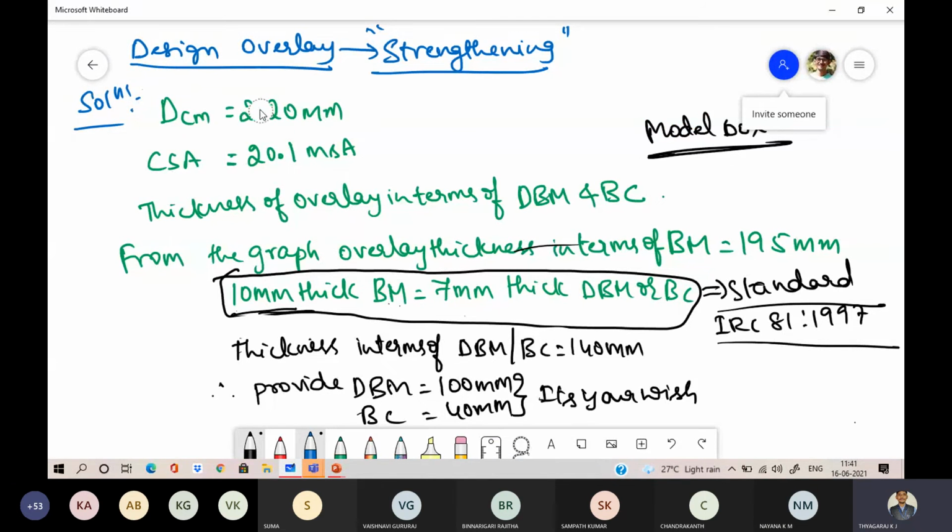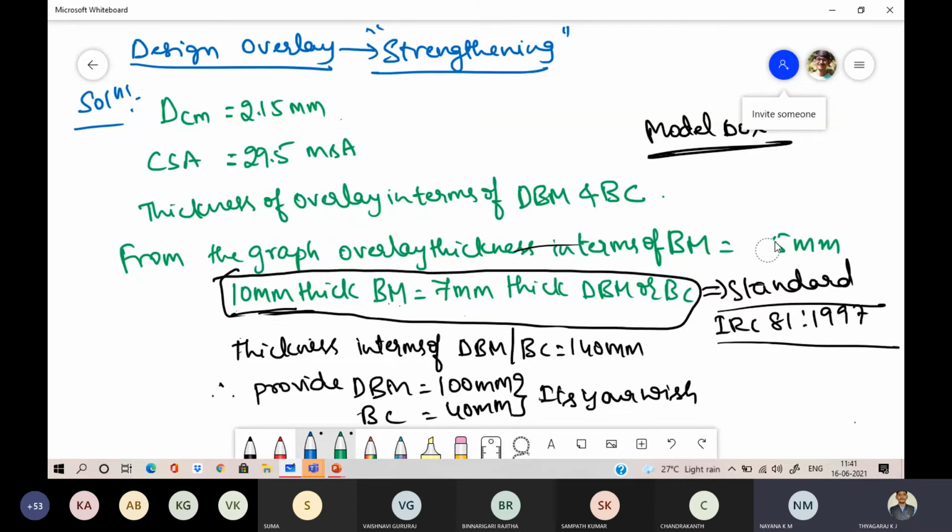What is the characteristic deflection they have given? Deflection value 2.15 mm. What is the traffic? 29.5 MSA.